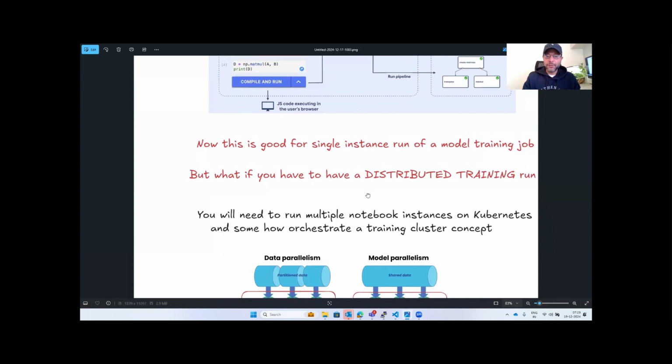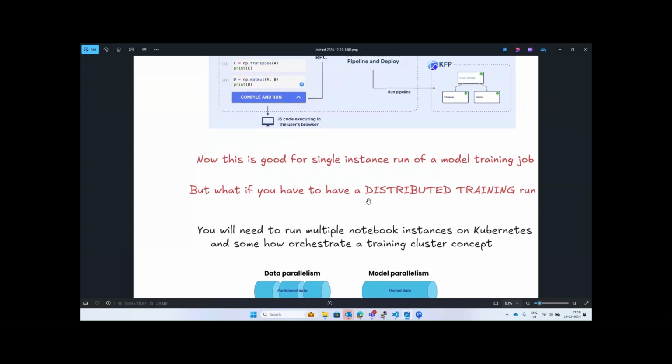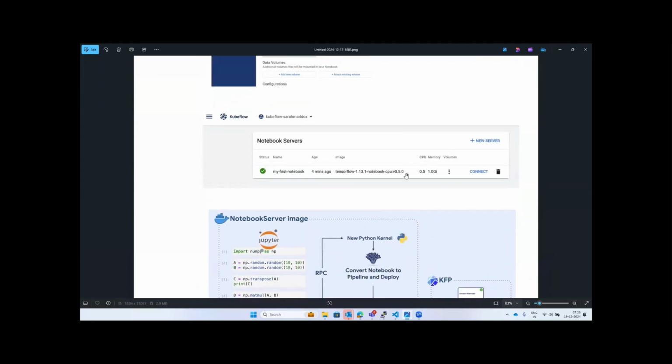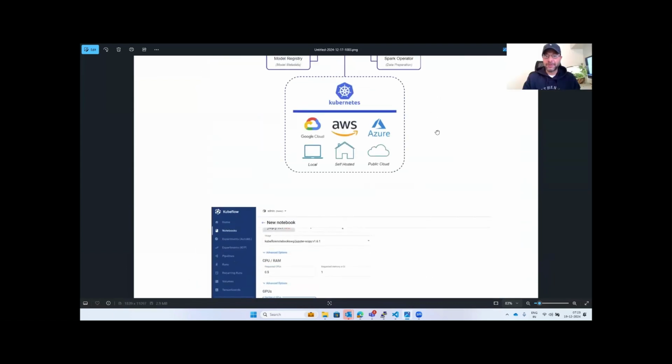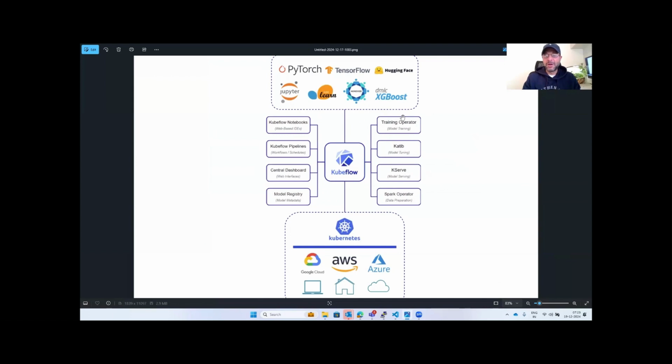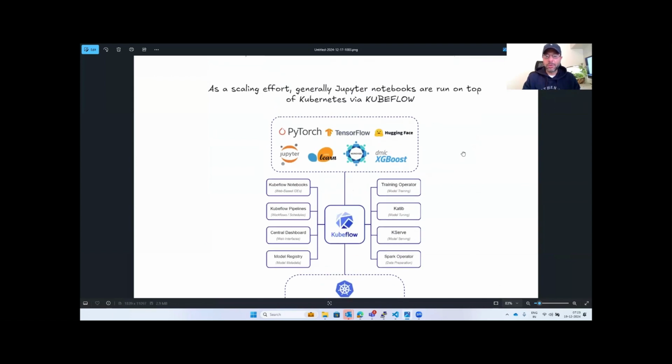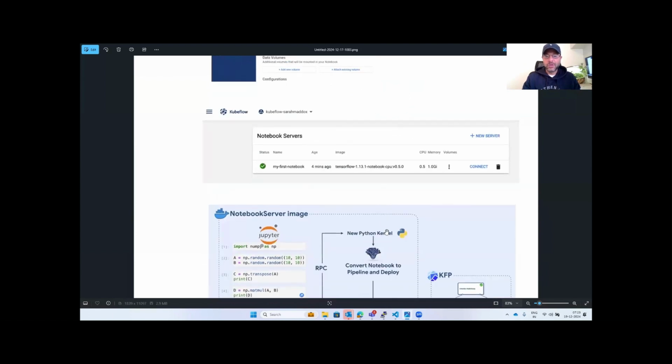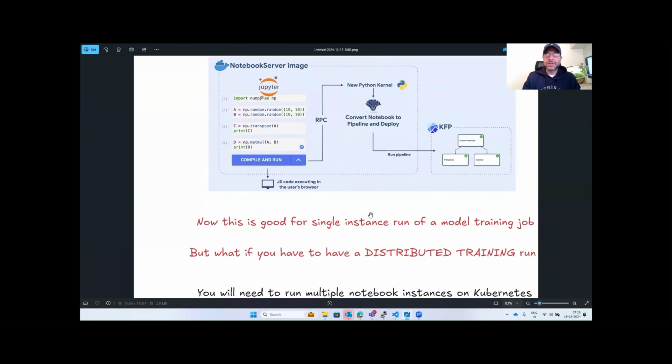So in the Kubeflow environment, you get basically a concept called the training operator, which is available for model training. And we will talk more about this and show you also. So with the training operator, you submit a piece of code in the form of a Docker image, where your entire code, that model run, is basically encapsulated into a Docker image, and you submit basically a job to the training operator.